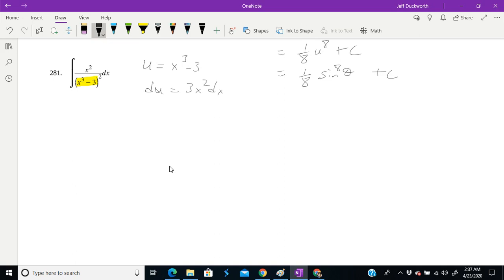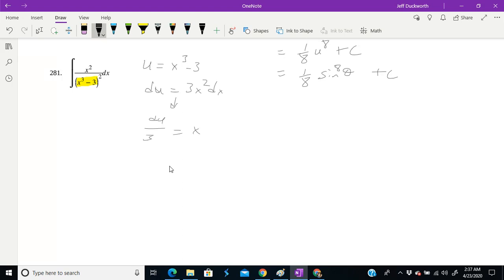Now, if we note here, our du is equal to 3x squared dx, but we only have x squared. We don't have the 3. So what do we do? Well, typically we're just going to multiply by the reciprocal here. So our x squared dx, with a little bit of algebra, will be du over 3.